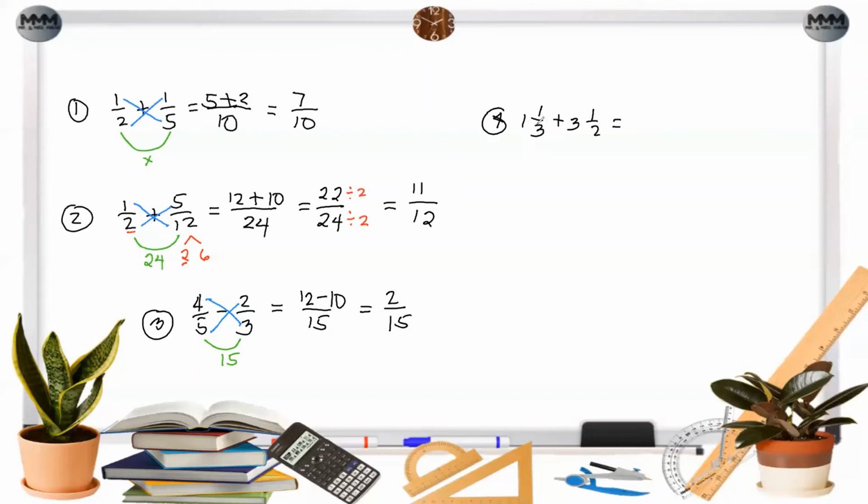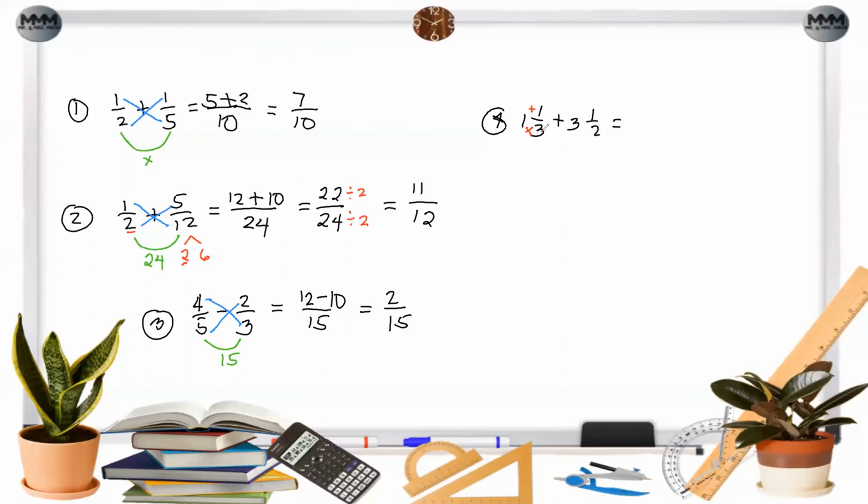So, to convert it, we multiply the denominator to the whole part of our mixed number. So, this is 1 times 3, and then we add it to our numerator. Then we just copy the denominator.